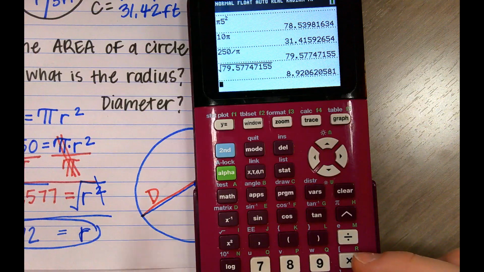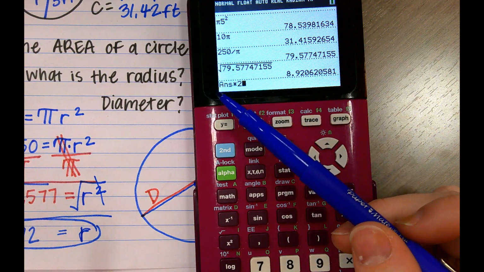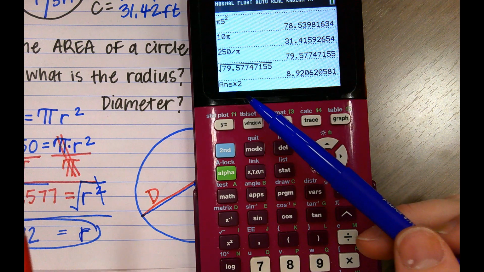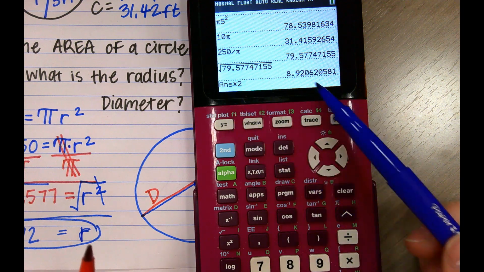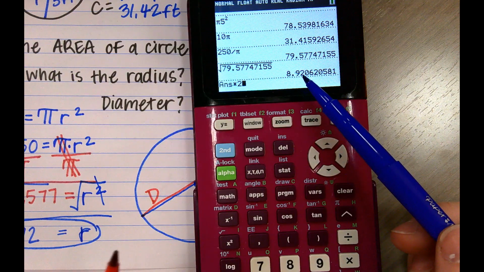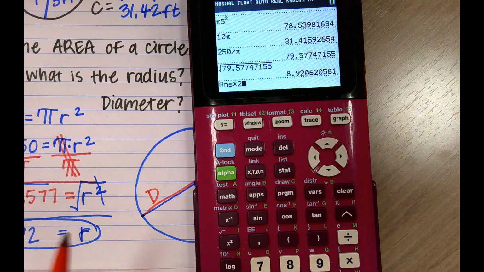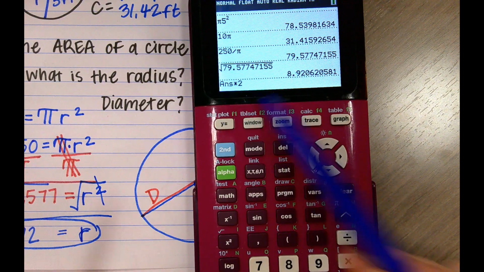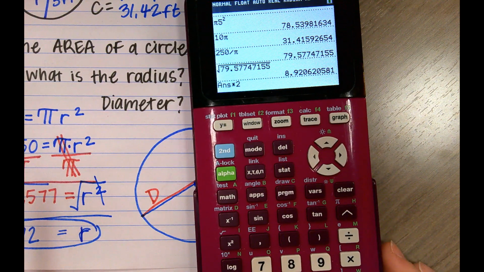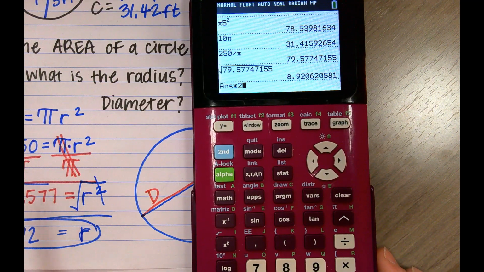Just type times 2. You'll see it says ANS times 2. That just means it's taking the answer times 2, which the calculator isn't showing, but these decimals go on forever. So this is the most accurate way to do it on your calculator, even though it will still be an approximation technically because we used pi.